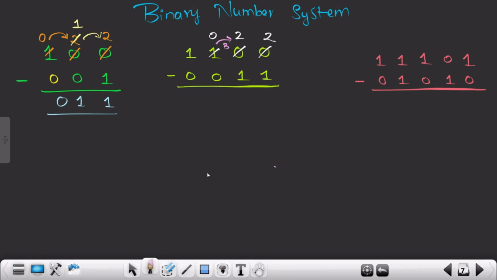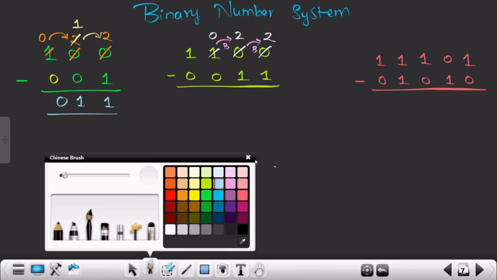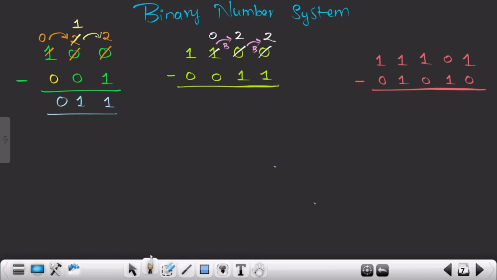Alright, now listen to this part very, very carefully. How exactly did we make this 0 as 2? By borrowing one digit from this particular 2, and the moment I say we are borrowing one digit from this 2, we should make this 2 as 1.